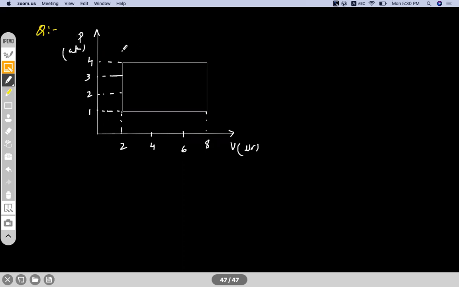The process is A to B, C, D, and A. You need to find out work done in this process, total work done.